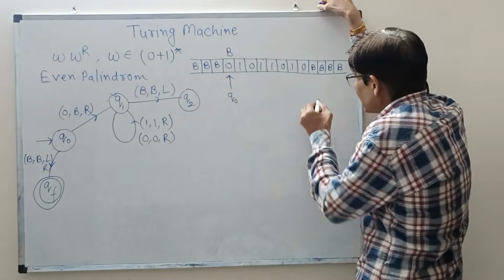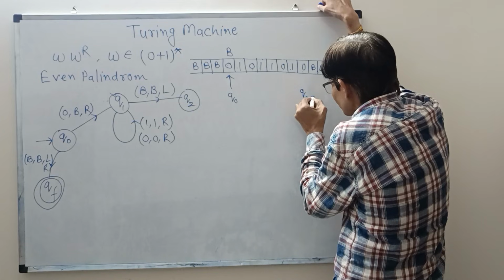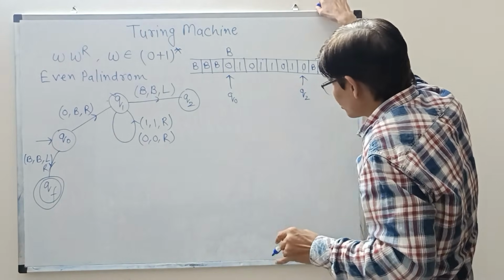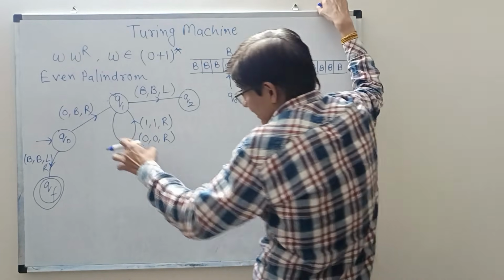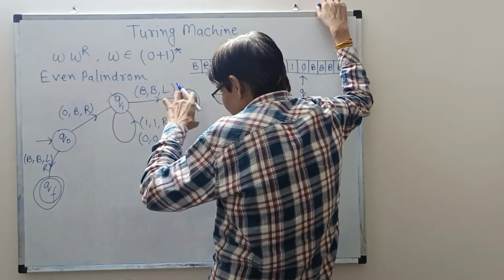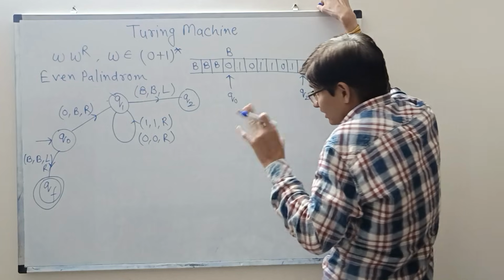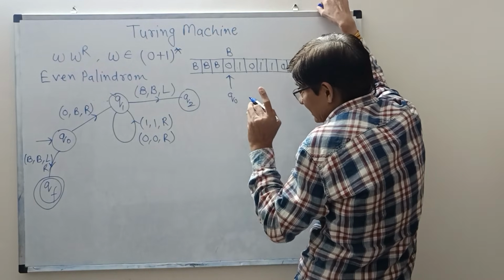Now you are on Q2 and you get this 0. On Q2 you will always get 0 because you started from 0. So at the last symbol you will also get 0 only. You can't have 1 here. So on Q2 you will get 0.